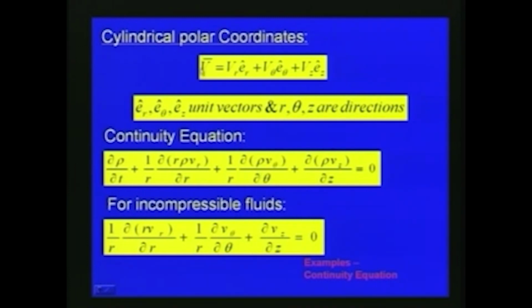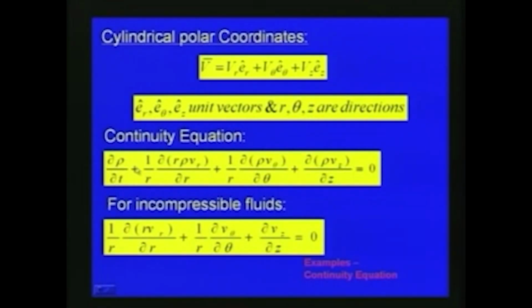Corresponding to this, as we have derived earlier in the Cartesian coordinate system, we can derive the continuity equation in the cylindrical polar coordinate system. The final equation is del rho by del t plus 1 by r del r rho vr by del r plus 1 by r del rho v theta by del theta plus del rho vz by del z is equal to 0.